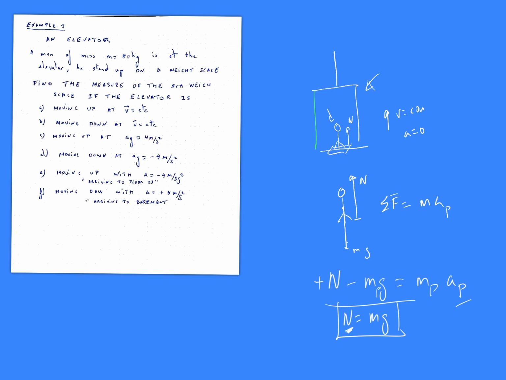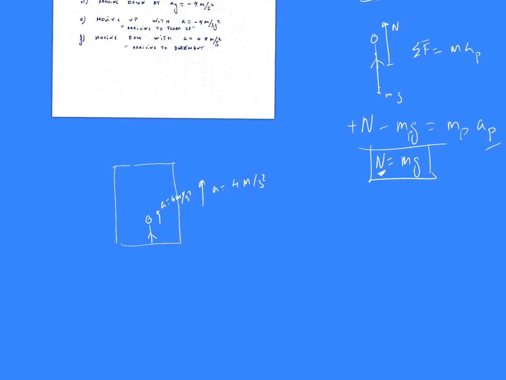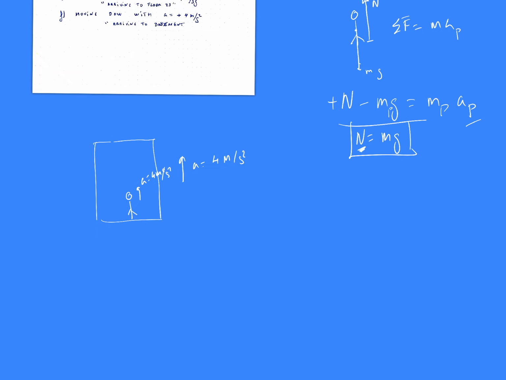Why will things change? Because now there is a net force on the guy. So I'm supposing that this is the elevator. The elevator is moving with acceleration of 4 meters per second squared. I am supposing that the guy is also moving with acceleration 4 meters per second squared. So I will apply Newton's law to the guy, not to the elevator.